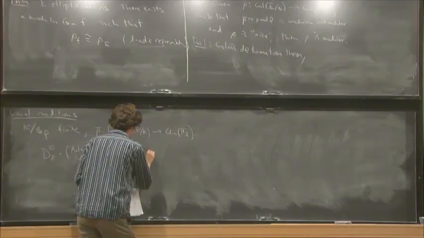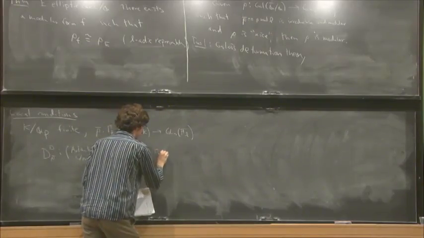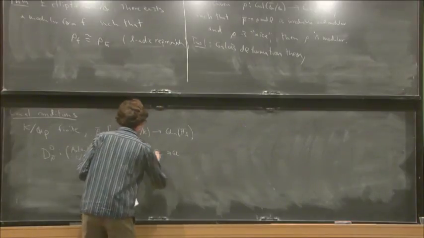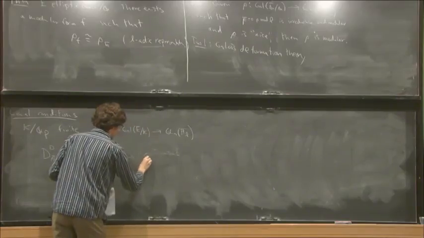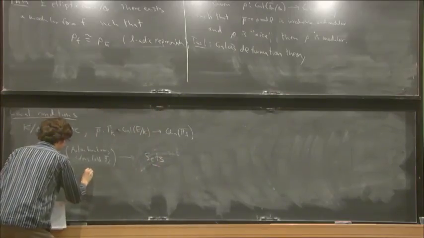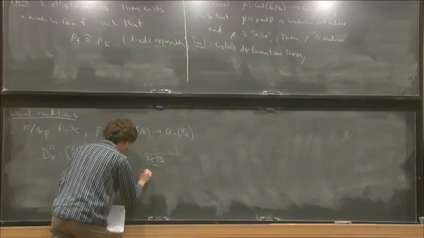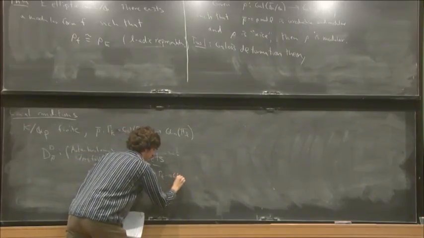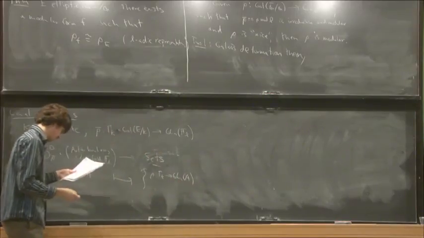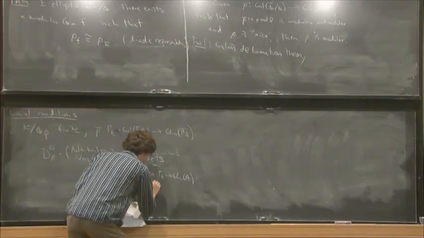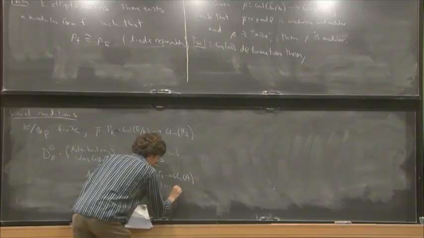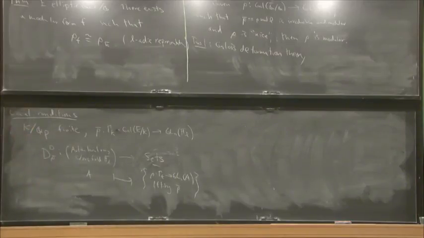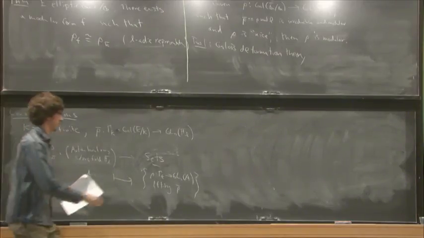So this is a functor from Artin local rings to sets, and it assigns to any A the set of continuous lifts rho into GL_N of A. So this is the framed deformation ring, but since I'll always be working with the framed deformation ring, I'm just going to drop the box, since it doesn't really matter.